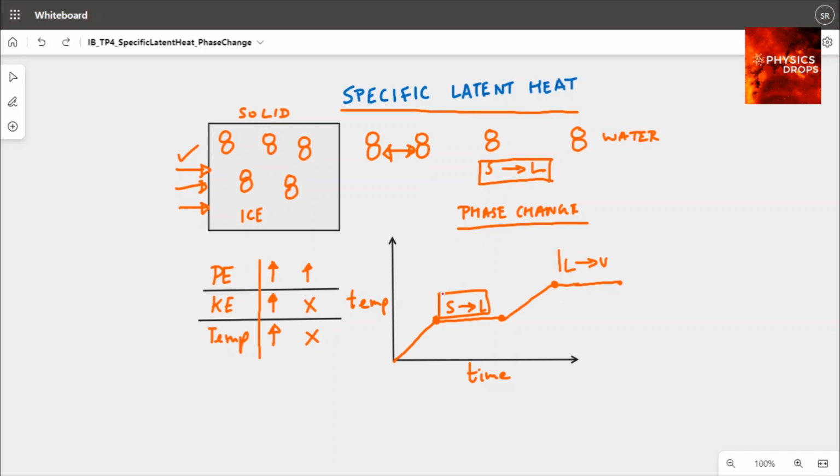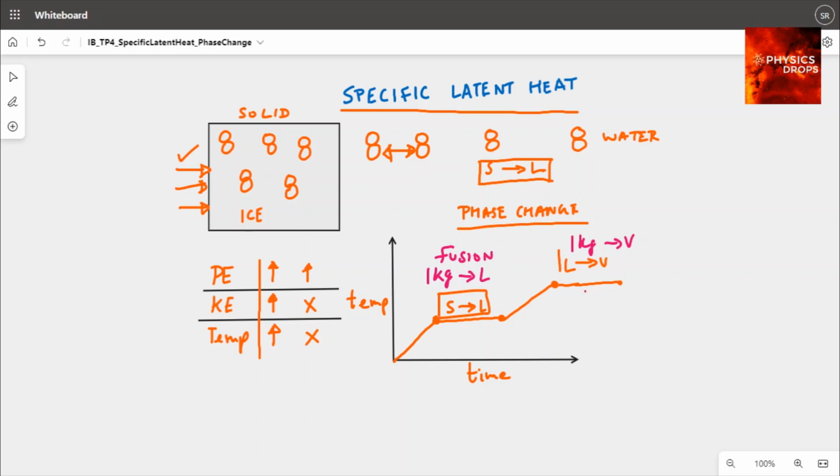The definition of specific latent heat is the amount of energy that is needed to transform 1 kg of solid to liquid, or in this case 1 kg of liquid to vapor. This is called specific latent heat. In the case of solid to liquid, it is called specific latent heat of fusion.